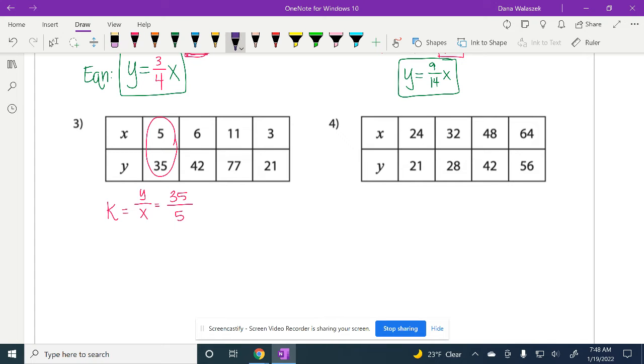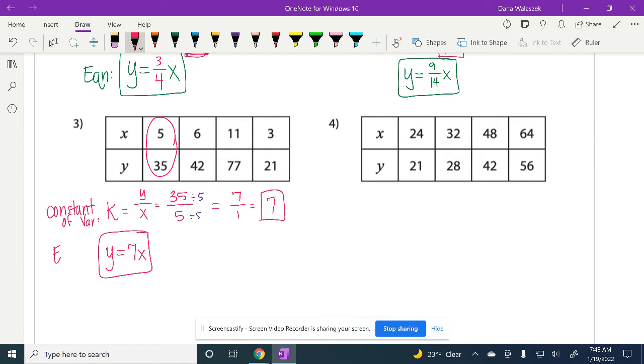Can I reduce this? Yes, I can divide them both by 5. And I have 7 over 1, or 7. So my equation, y equals 7x. So this is my constant of variation. And this is my equation.